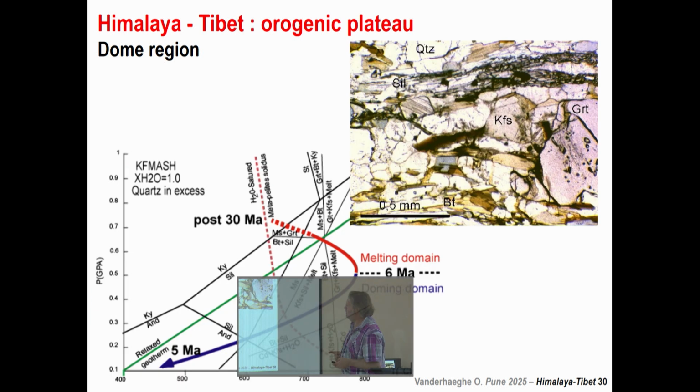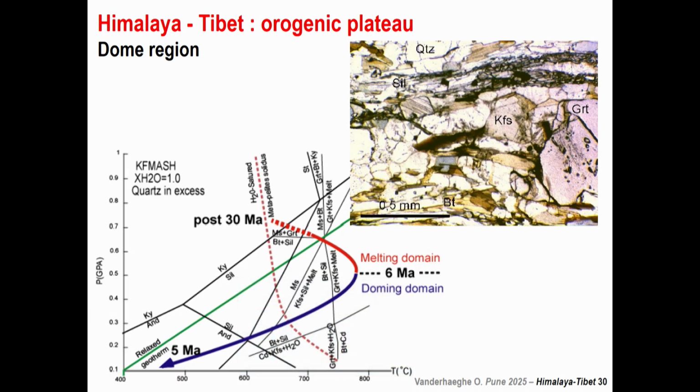That's another example with the mineral paragenesis: K-feldspar, garnet, biotite, sillimanite, nice prismatic sillimanite, and it goes all the way to these conditions, more than 700 degrees. And it's been dated at 6 million years for this particular example.